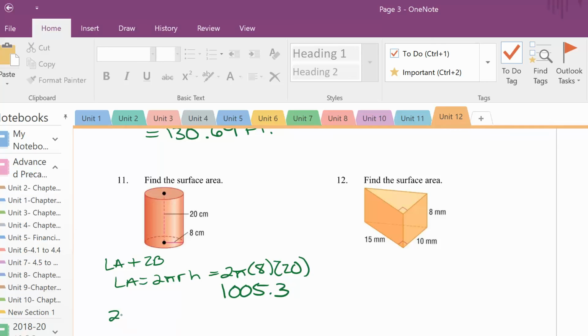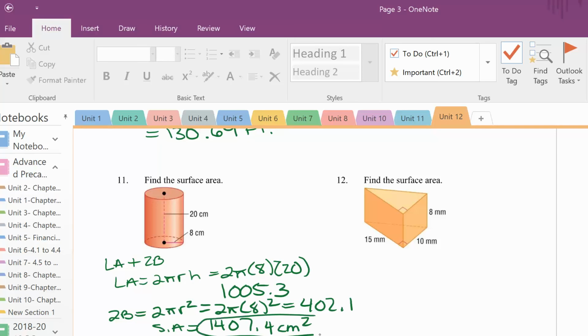Then the area of the two bases is 2 pi r squared, which is 2 times pi times 8 squared, which is 402.1. When you add that to 1005.3, the surface area is 1407.4 square centimeters.